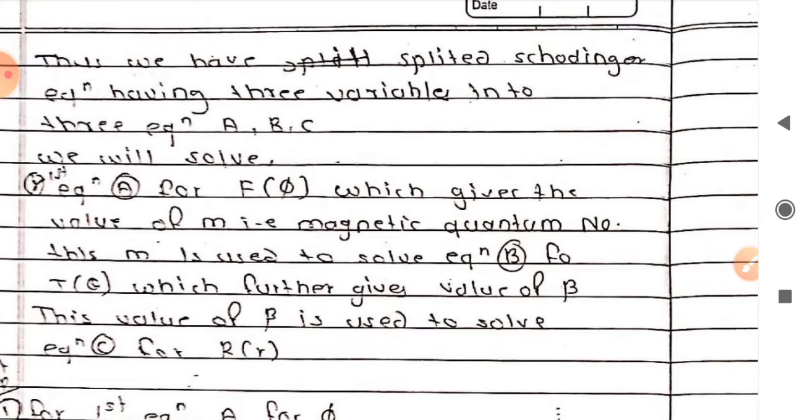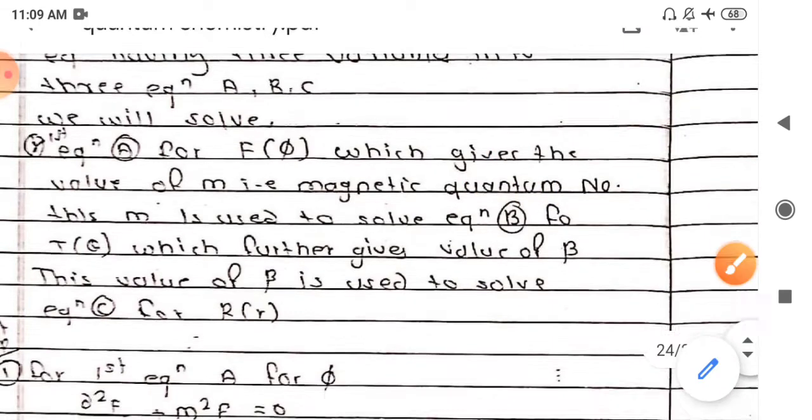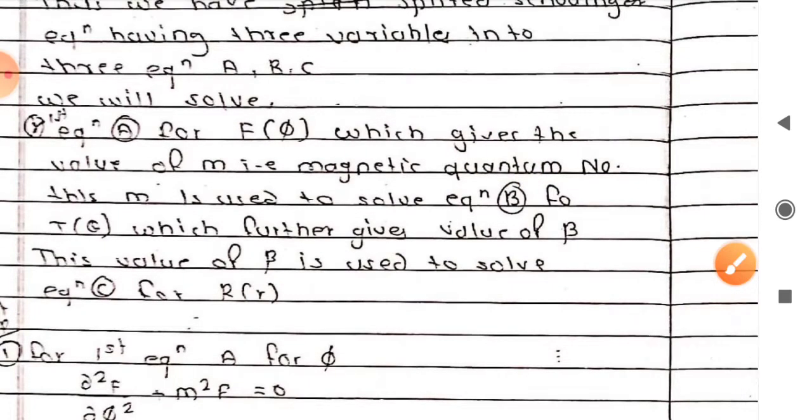The solution for the f equation comes out as 1 upon under root of 2 pi into e raised to i m phi, where this m value is the magnetic quantum number, which has integer values. The solution for the f equation we have already seen in the rigid rotor part.